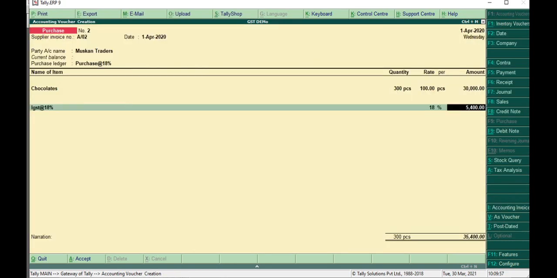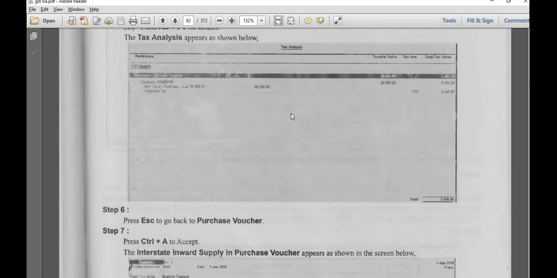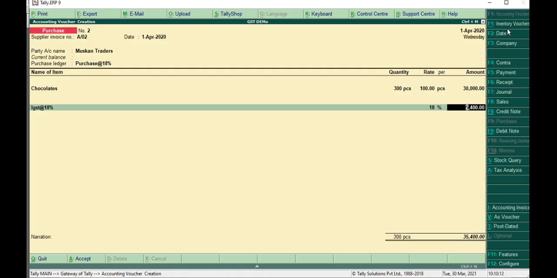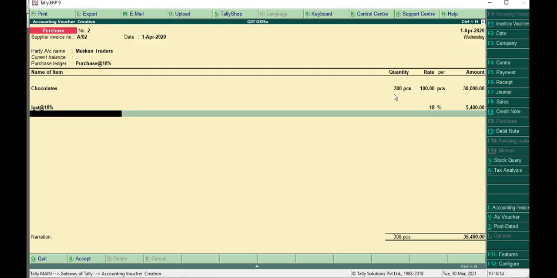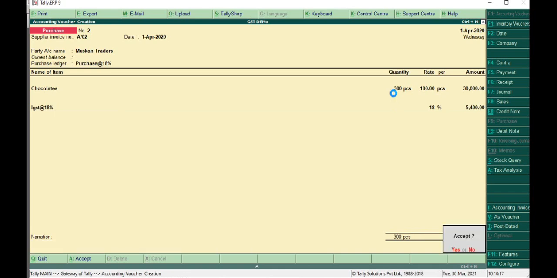So automatically it will calculate the 18%. Okay, see here 5400 will be the IGST. Clear? Enter, enter, enter. So this is the transaction what you have.